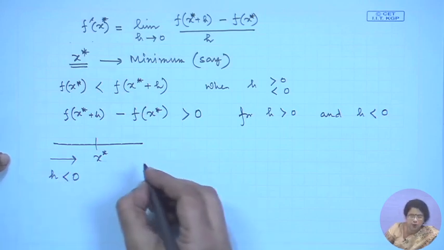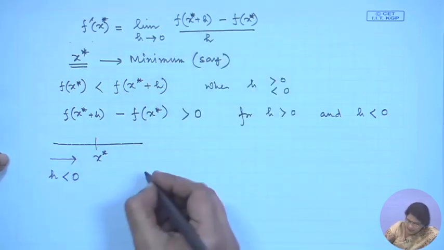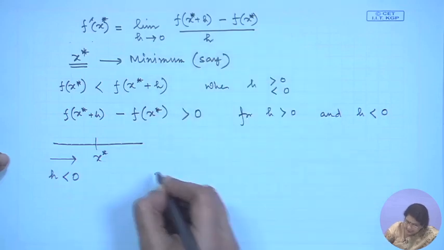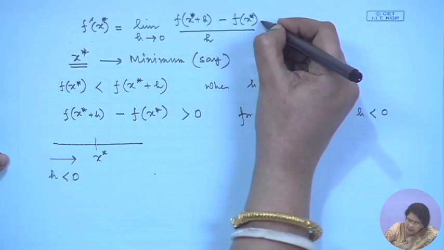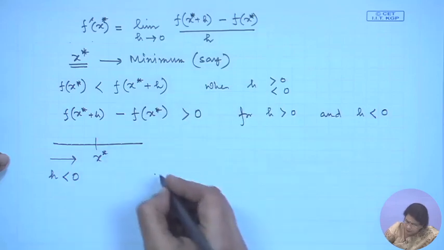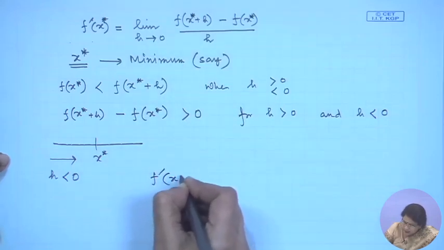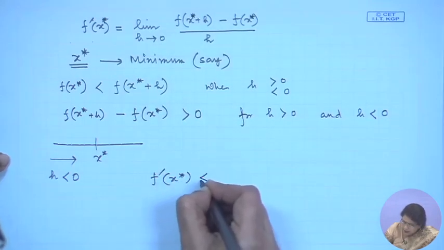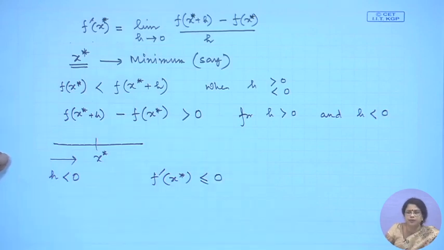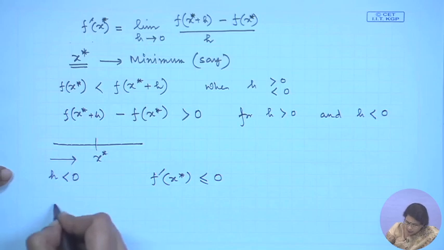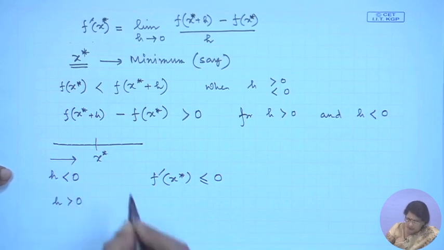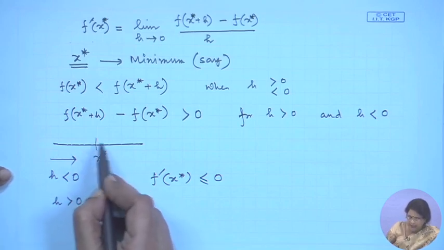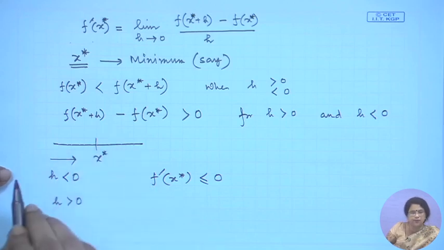If this is so, then if h is negative, the numerator is positive and h is negative, what are we concluding? F prime of x star must be less than or equal to 0, because the denominator is coming negative, okay. Now, if we consider h greater than 0, that means we are approaching x star through the right hand side of that.